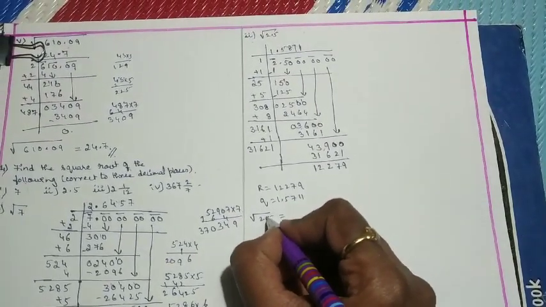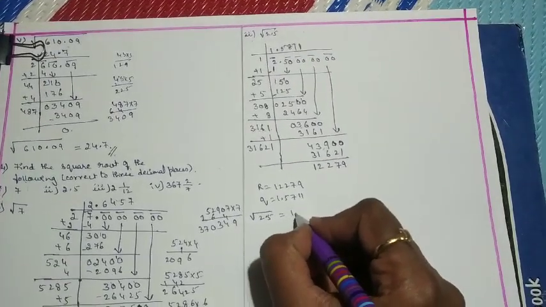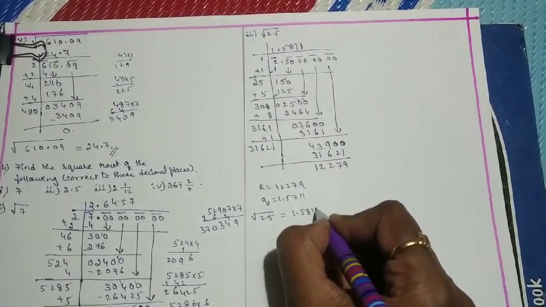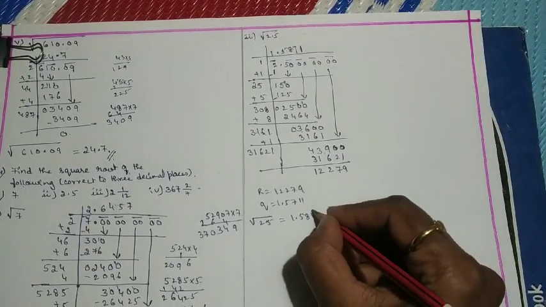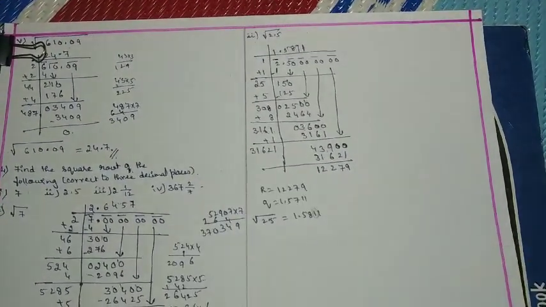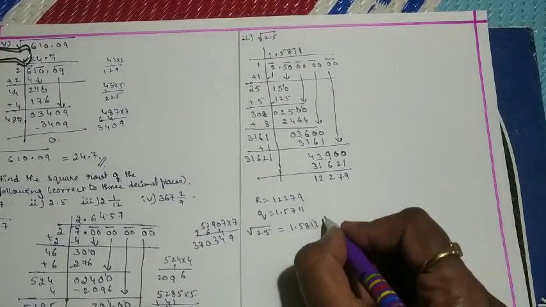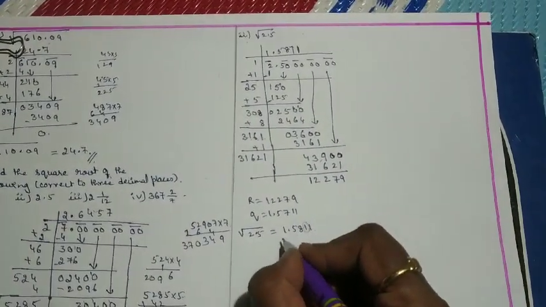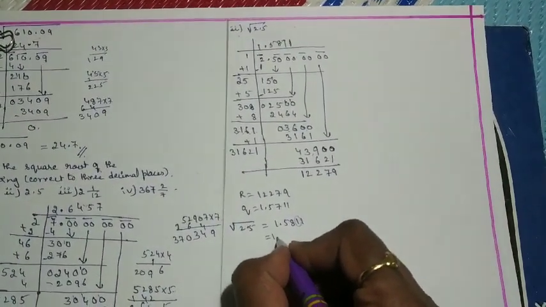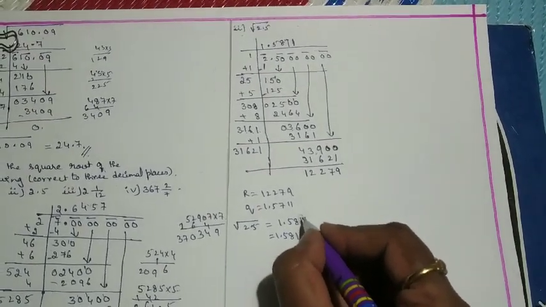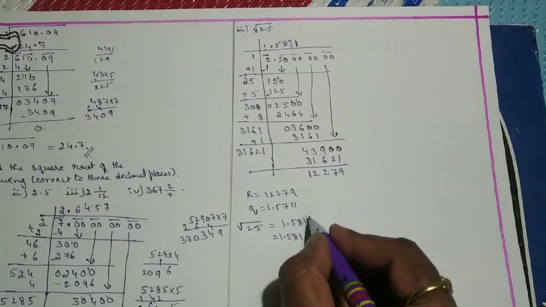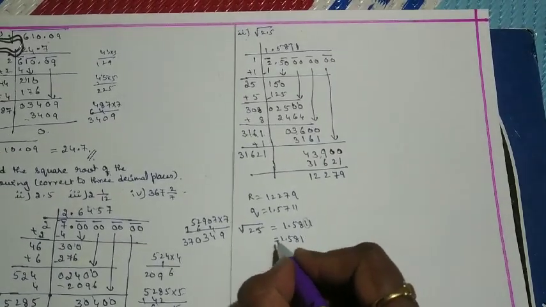So the square root of 2.5 is 1.5811. Rounding off to the third decimal place, we need to see the digit in the fourth decimal place, which is 1, less than 5. So the answer is 1.581. That's all. We are not going to add anything to the third decimal place when rounding to the third decimal place.